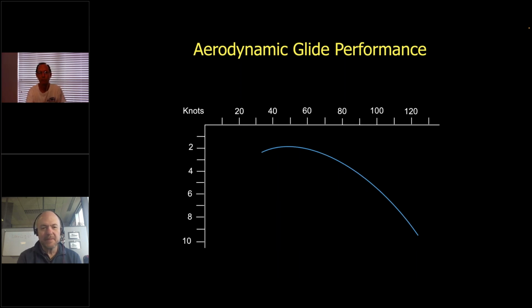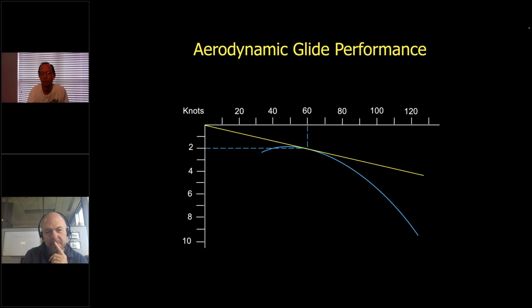So what can you do with this glide polar? If you're looking for the best possible glide ratio you can get, which would be the flattest possible glide, you can use the glide polar to figure out what that is by drawing a tangent to the glide polar. It does a couple things. It'll give you the glide ratio. So this tangent point occurs at 60 knots and 2 knots of sink, so the glide ratio there is 30 to 1.